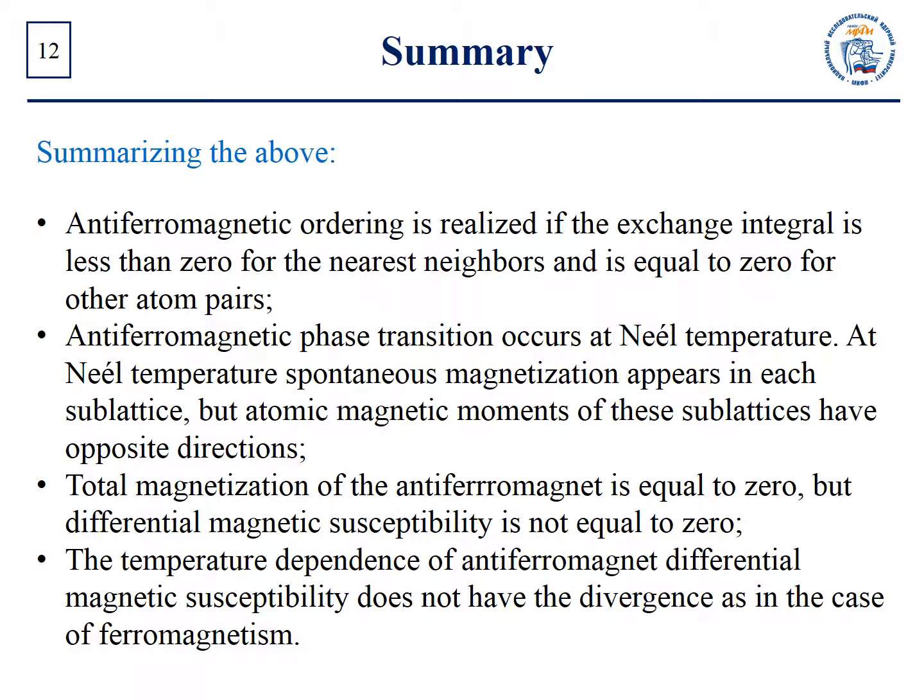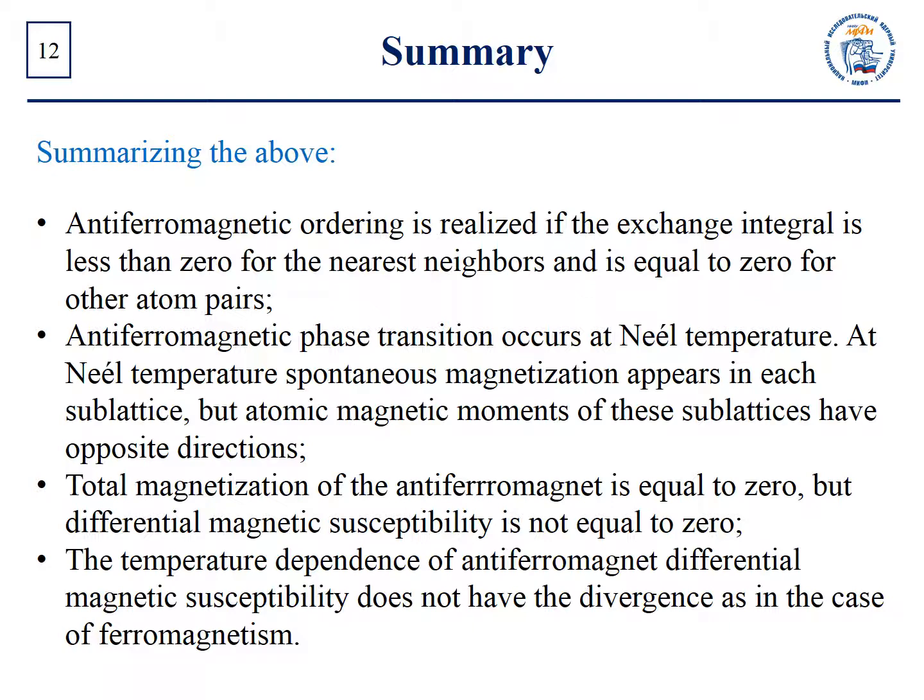In this lesson we spoke about the phenomenon of antiferromagnetism. To describe this phenomenon, we introduce embedded sublattices and define the order parameter for each sublattice. We obtain that the antiferromagnetic phase transition occurs at the Néel temperature. At the Néel temperature, spontaneous magnetization appears in each sublattice, but atomic magnetic moments of these sublattices have opposite directions.